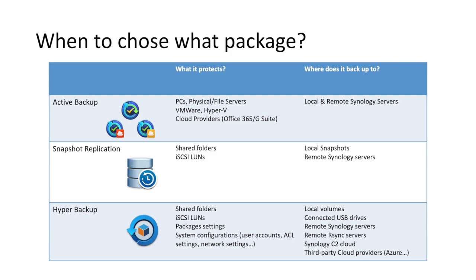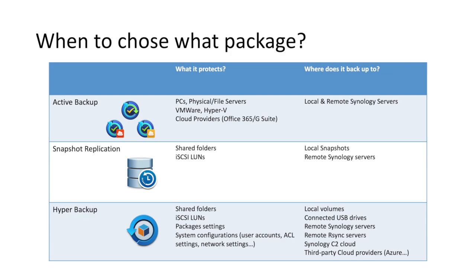With Hyper Backup, you can then back up those shared folders and LUNs as well as the package settings and system configurations onto a myriad of things. You've got local volumes, external USB devices, remote Synology servers as well, in addition to cloud and third-party vendors. So a lot of options there, and understanding which one works for you is really important.